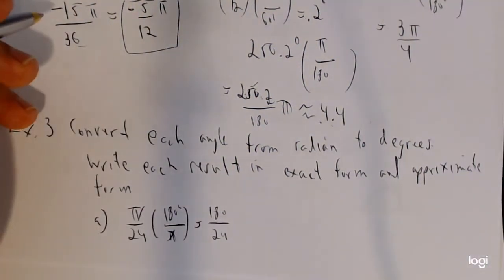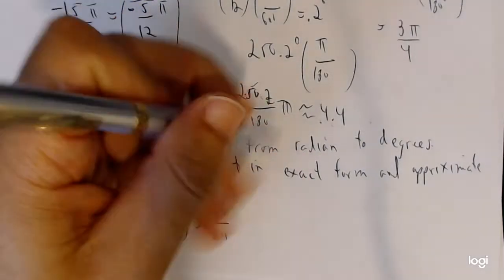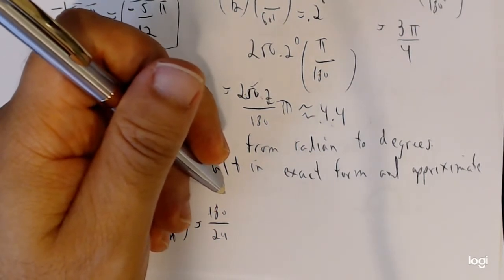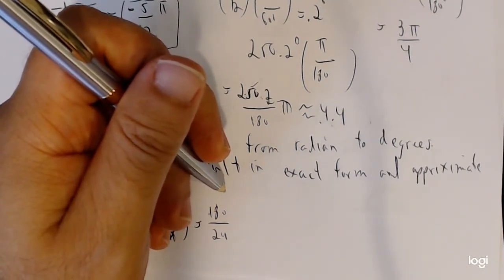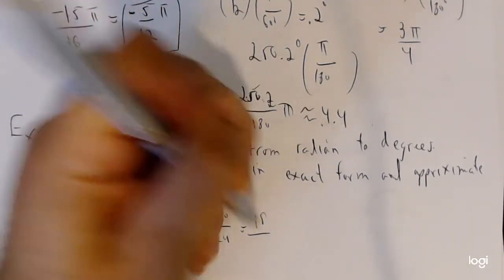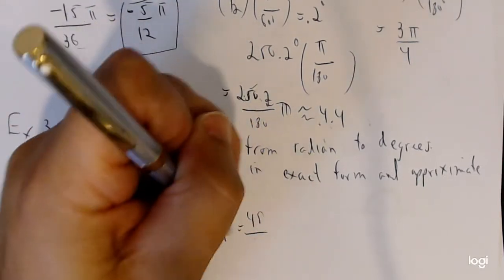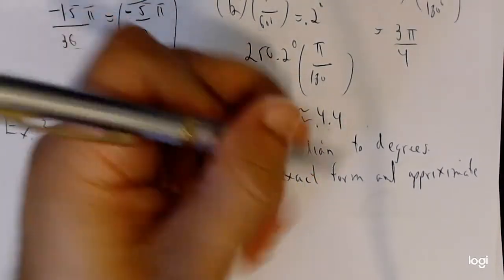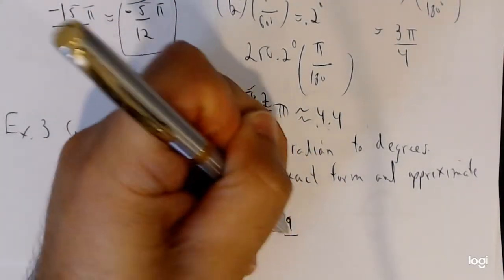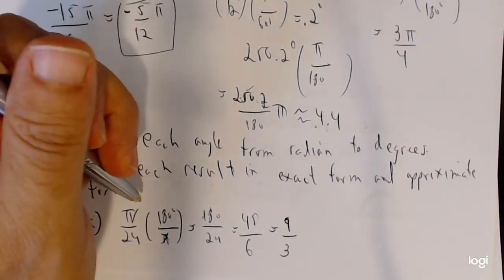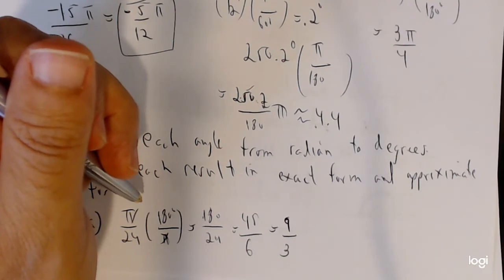And 180 over 24, I know they both divide by 4. This becomes 45 over 6. And they both divide by 3 as well, because that becomes 9 over 3. Is that right? I think I may have made a mistake.